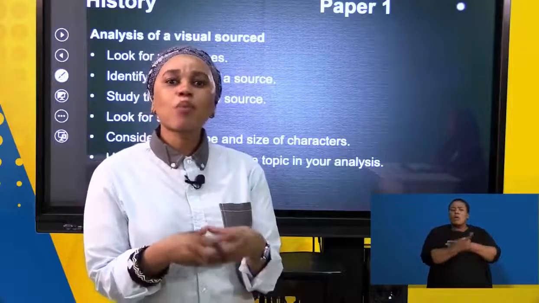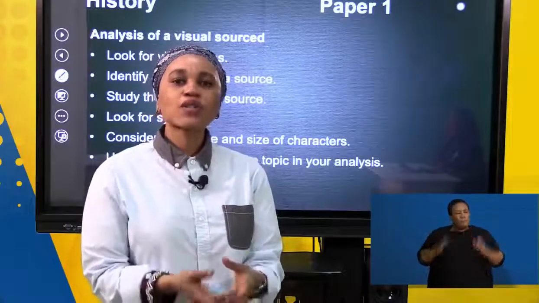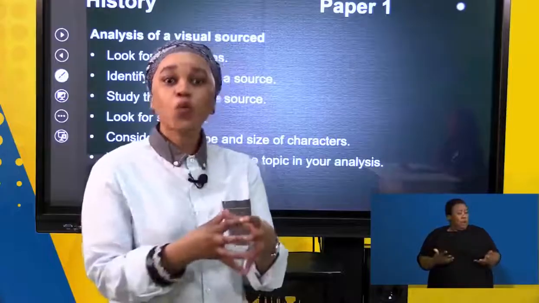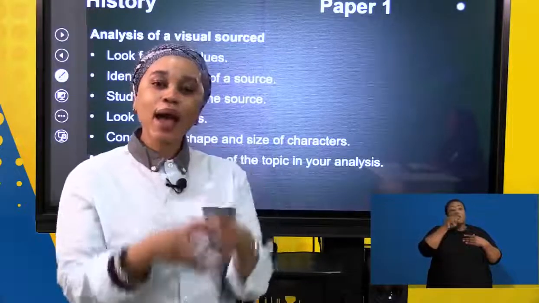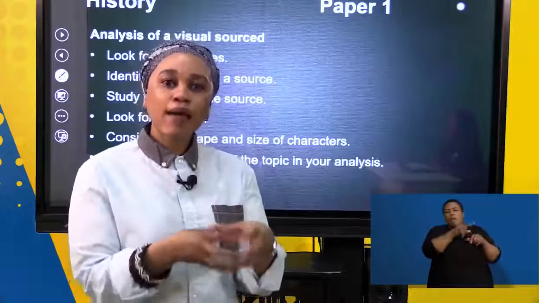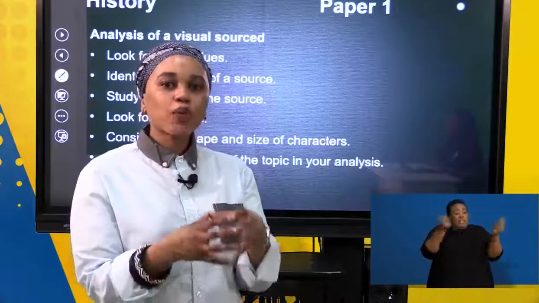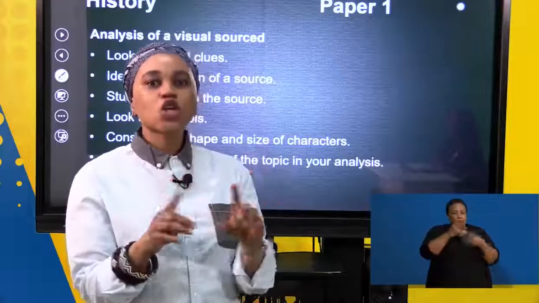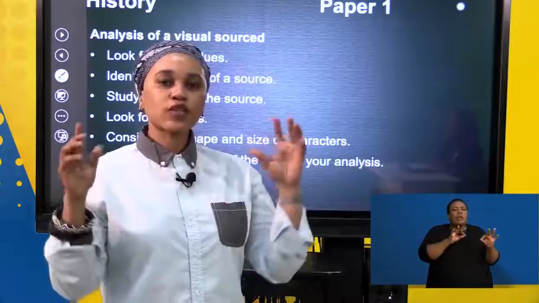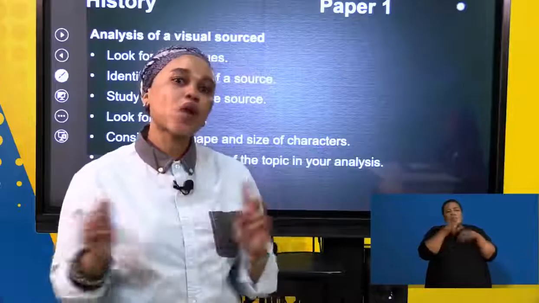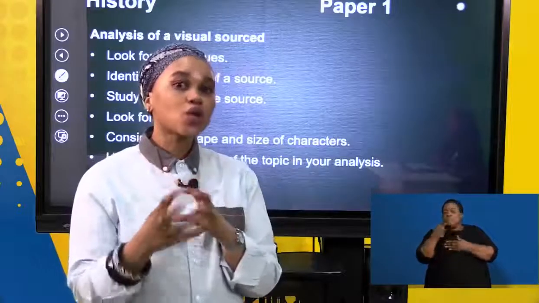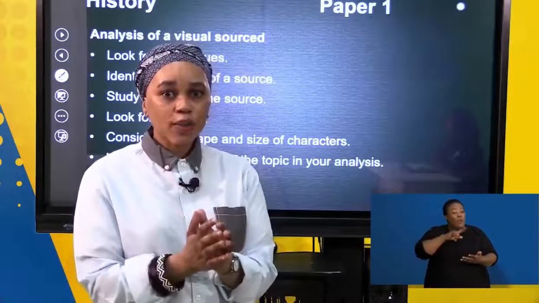You need to look at the body language as well, because body language helps you understand what was going on and how the people were feeling at that particular time when the event was taking place. So please look for all those things. You look at the surroundings. If you see people sitting, what are their surroundings? Because those things will tell you where the event took place.